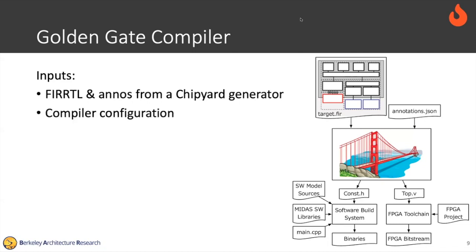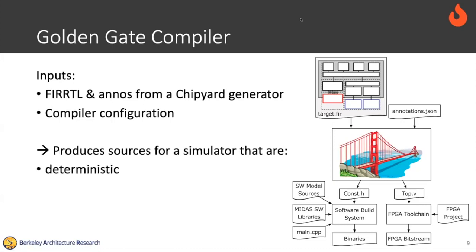There's also a compiler configuration: am I targeting an F1 FPGA that has a certain amount of BRAMs, or a Vitis-based FPGA, a U250? Then it produces sources that are deterministic, so you're not going to get any sort of variance, and it allows you to have software models running in tandem with the bitstream.